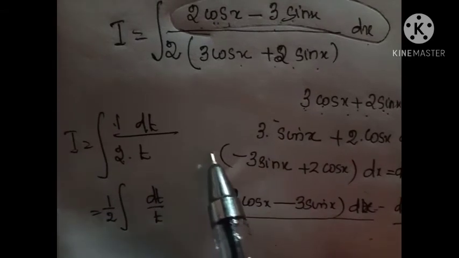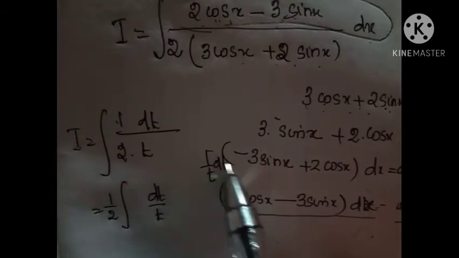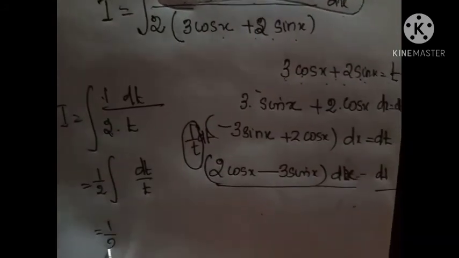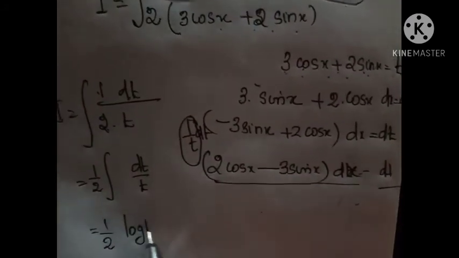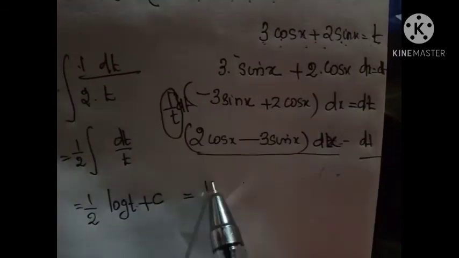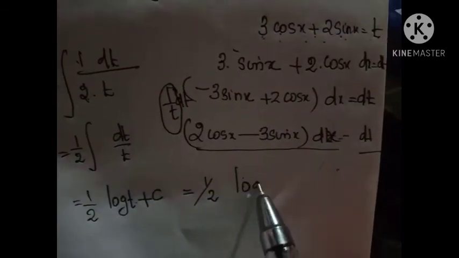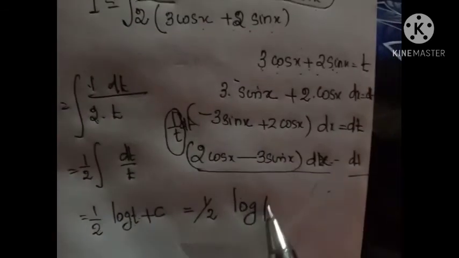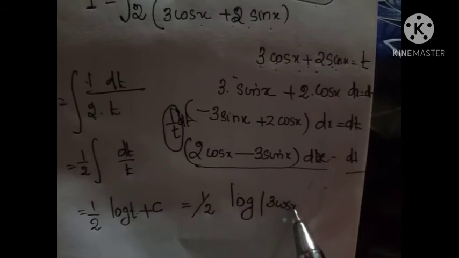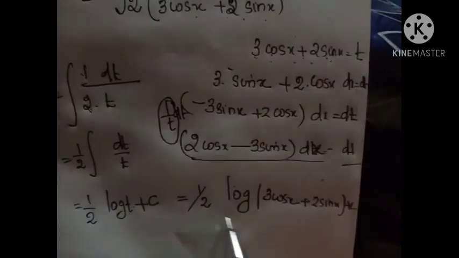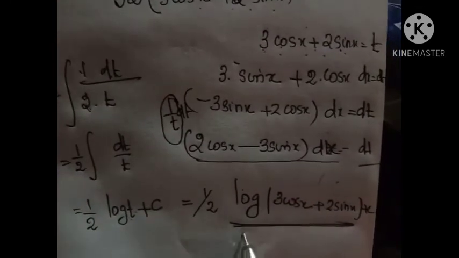Okay, dt by t is same as 1 by t dt. So what is integral of 1 by t? Yes, integral of 1 by t is log t plus c. Okay, that is 1 by 2 into log. Again we want to replace t. What is t? 3 cos x plus 2 sin x, plus c. This is our final answer. Okay.